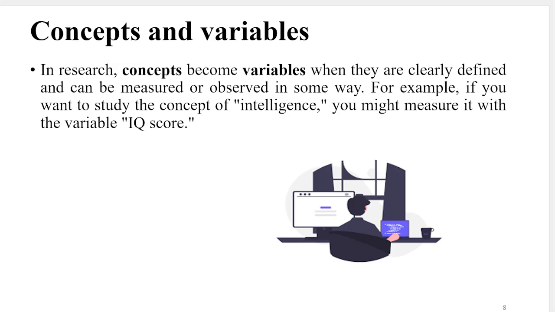For example, the concept of intelligence cannot be measured directly, so we use a variable like IQ score to represent and measure it. This process is very important in research because it allows us to move from general ideas to measurable data that we can analyze. In simple terms, we turn concepts into variables so that we can study them in a scientific and practical way.